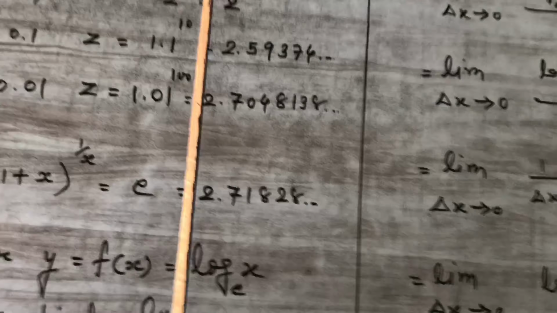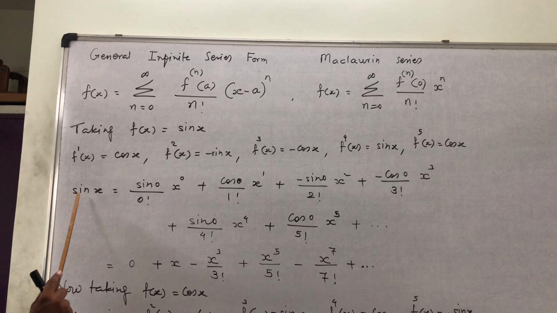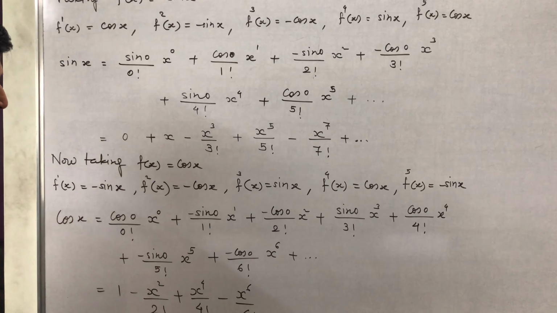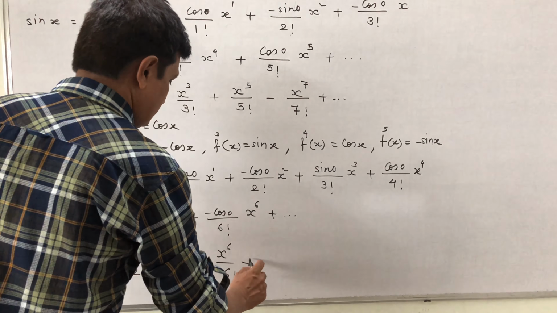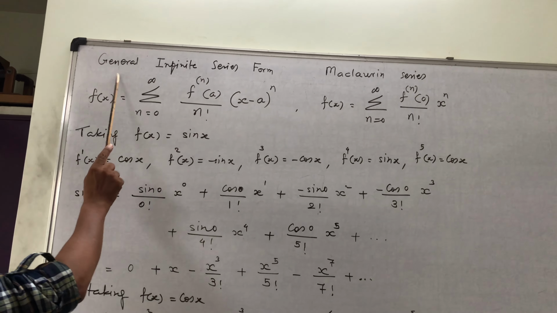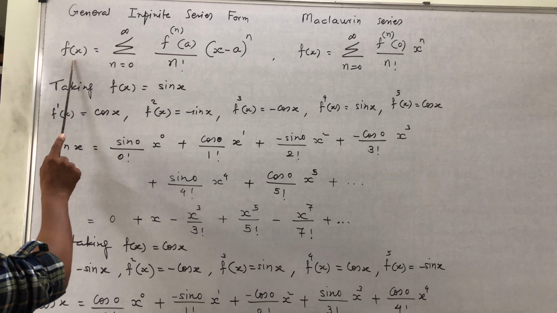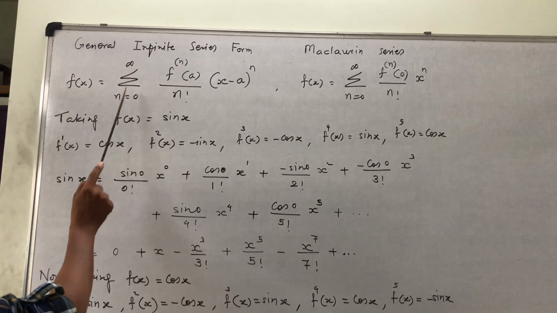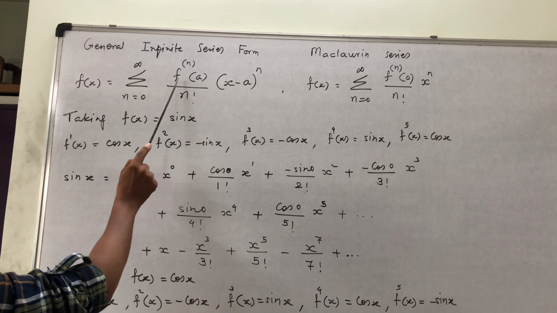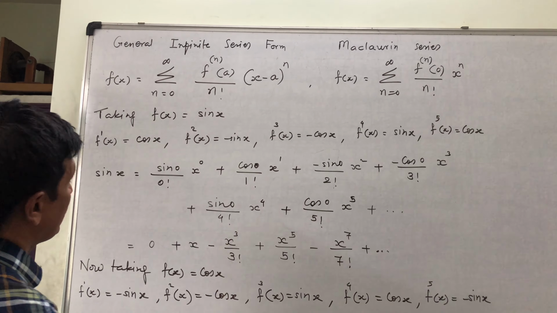Okay. Now we will obtain sin x in terms of infinite series and cos x in terms of infinite series. General infinite series form, Taylor series: f of x equal to sigma n equal to 0 to infinity, nth derivative of f of a upon n factorial into (x minus a) raised to n.